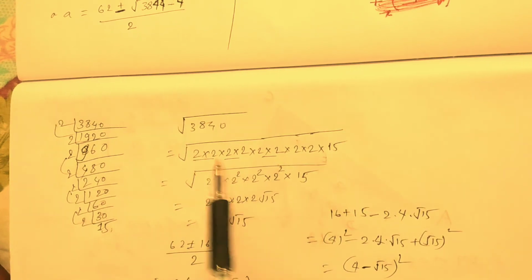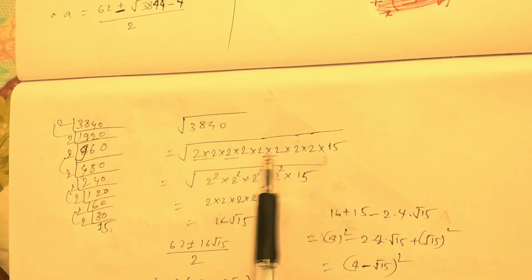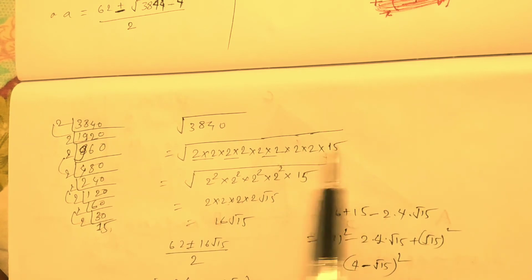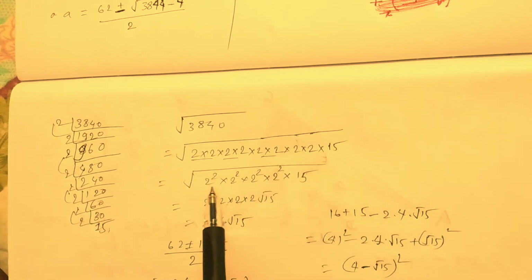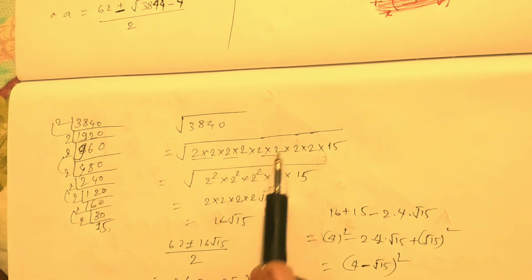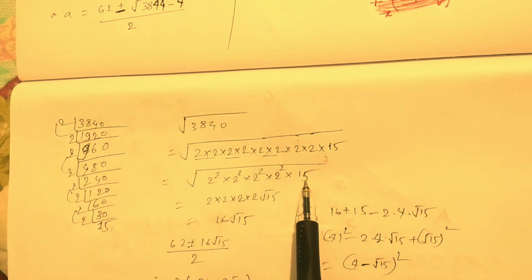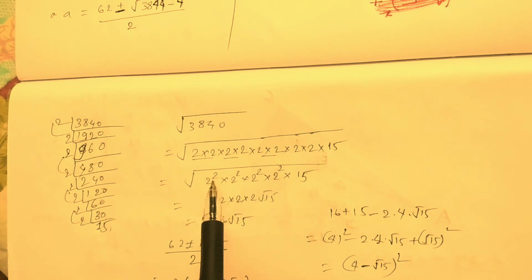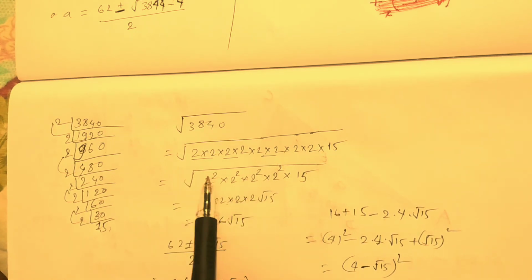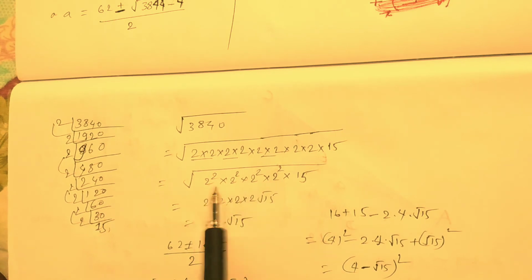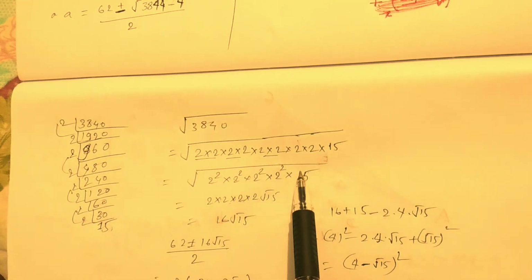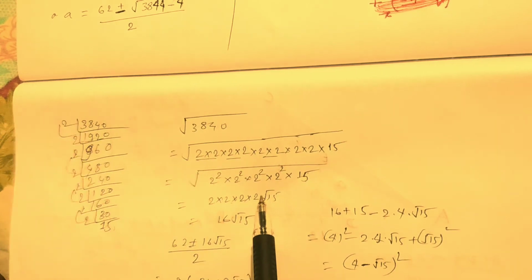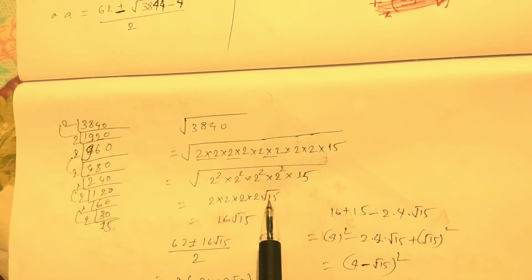So I have written eight 2's, 2 4 6 8, and 15. Now we can write them in the form of squares: 2², 2², 2², 2², and 15. We bring them out of the root: 2, 2, 2, 2, and 15 cannot come out of the root, so 15 remains under the root.